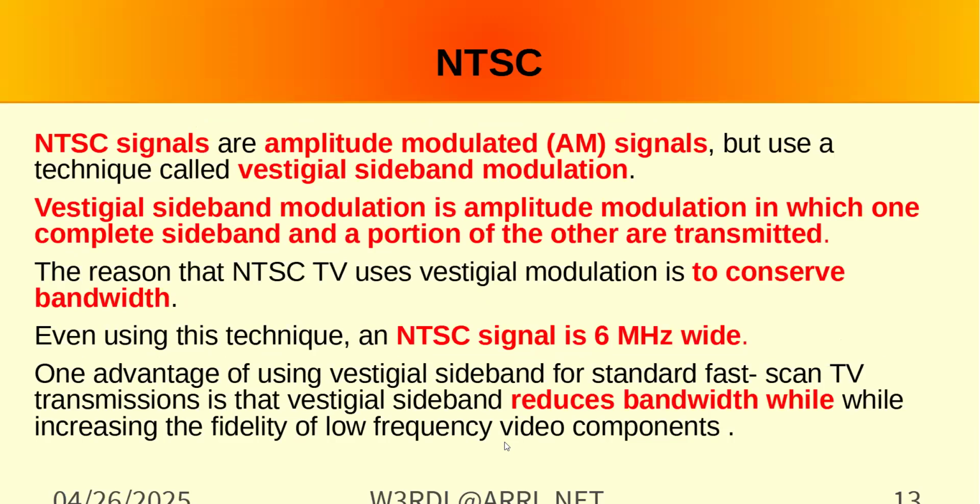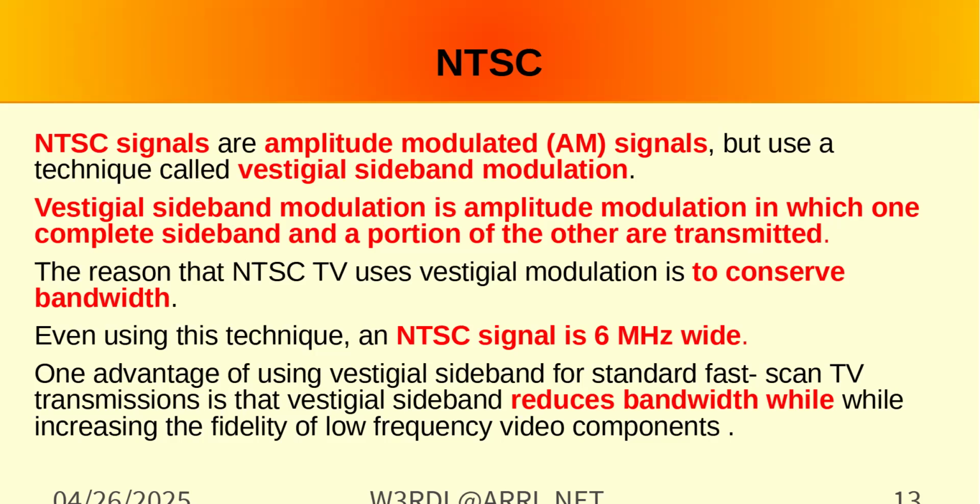The NTSC signals were amplitude modulated. They used FM for the voice, but AM for the picture. And they used a technique called vestigial sideband modulation, where instead of single sideband, they send one sideband and part of another sideband, which somehow helps with the demodulation.